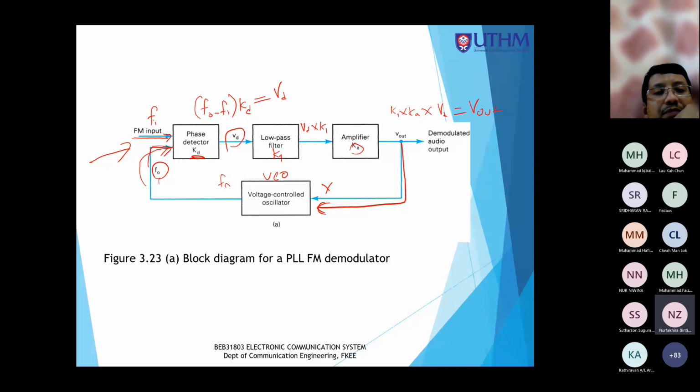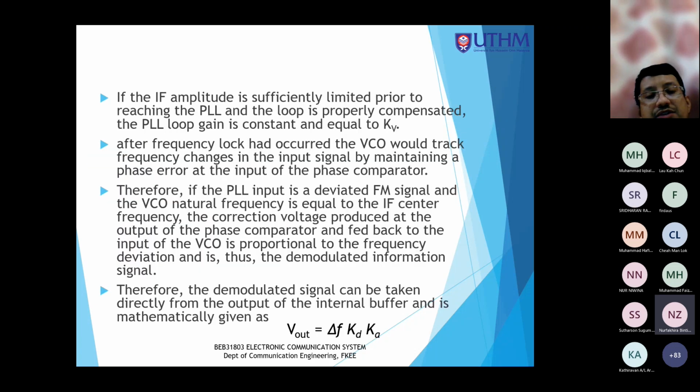So the input, you see that it will compare the frequencies or the phase and produce a voltage at the output. The voltage is fed back to the VCO, which produces a frequency difference, some frequencies at the output, and we compare with the phase detector again. So this is what happens in the PLL. This has also been explained over here.